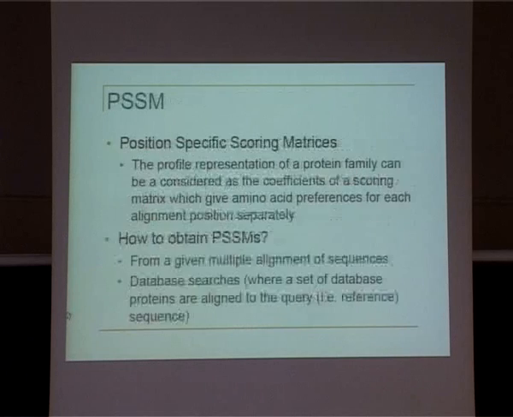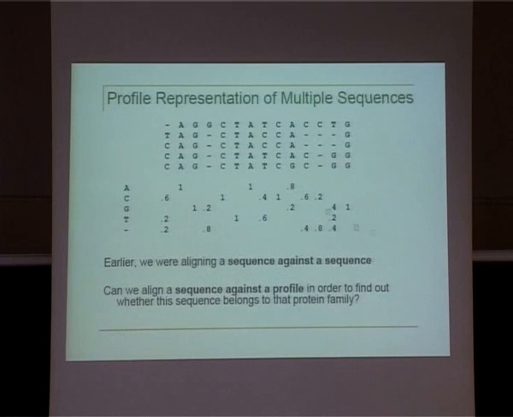If I give you a PSSM, forget about this alignment at the top, okay? Because after we create the profile, we don't need the multiple alignment anymore. The profile representation is independent of the multiple alignment. It is derived from multiple alignment, but at the end it just shows the frequency of amino acids at each column.